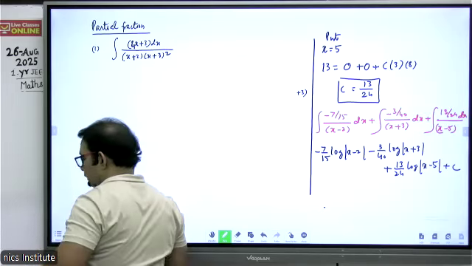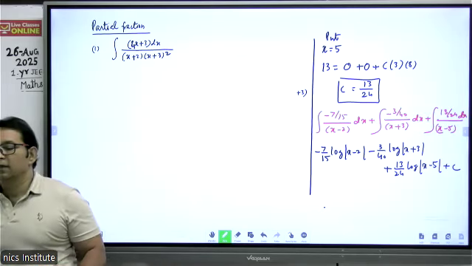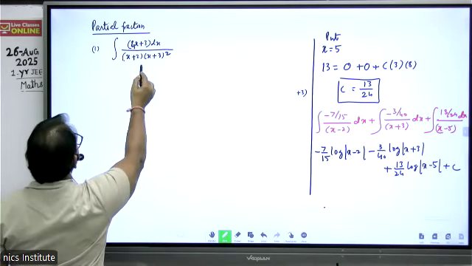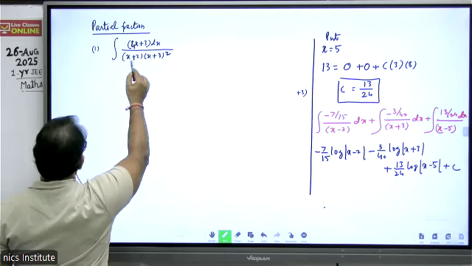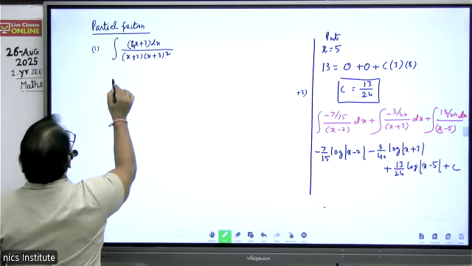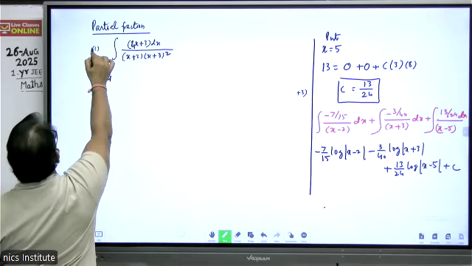It is x plus 3 whole square. So now we have 4x plus 3 divided by x plus 2, x plus 3 the whole square. Again, index of numerator is 1, denominator is 3. So we can use partial fraction, type 2.